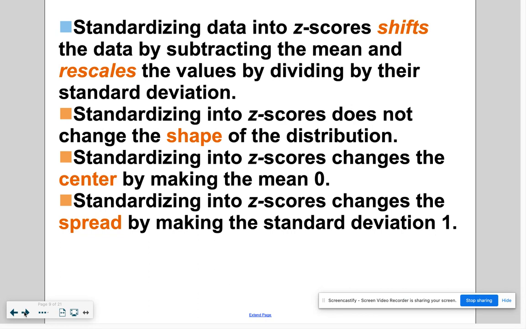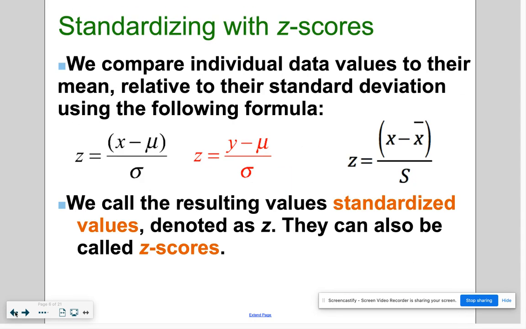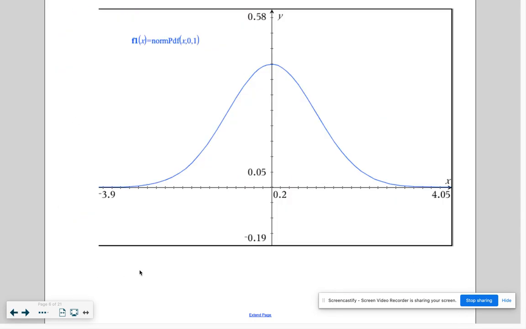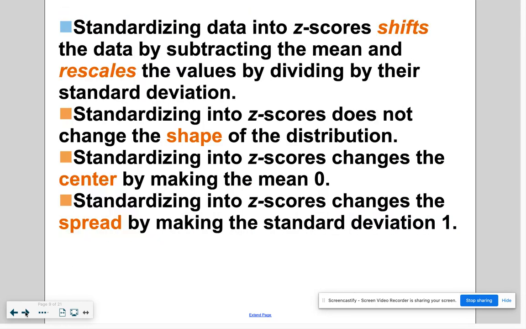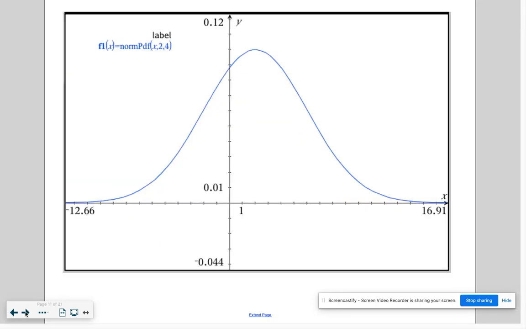Okay, so there's a few little notes and little things you've got to get used to. We already looked at the graph, right? So when you standardize, when you change things into z-scores, you'll have a set of data. If we changed every single data point into z-scores, you would end up with this curve right here. If you don't standardize it, then things start to shift.